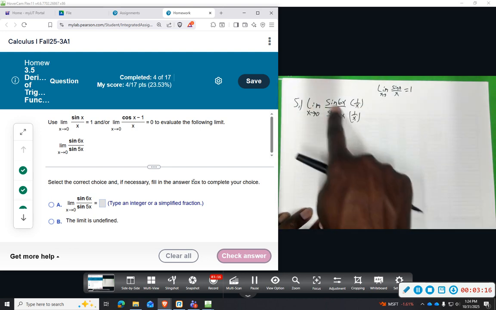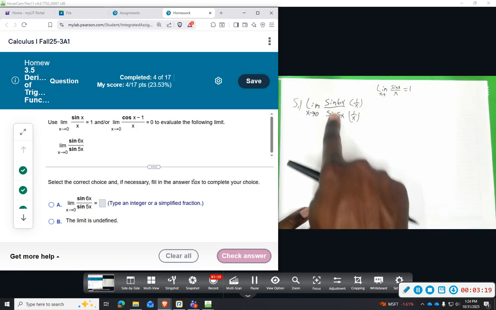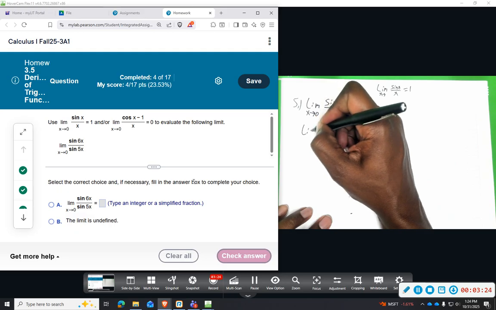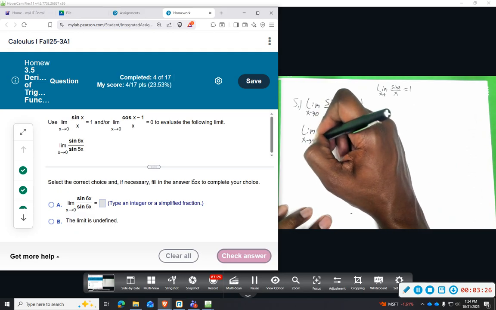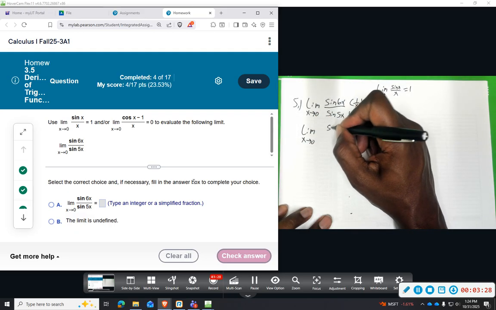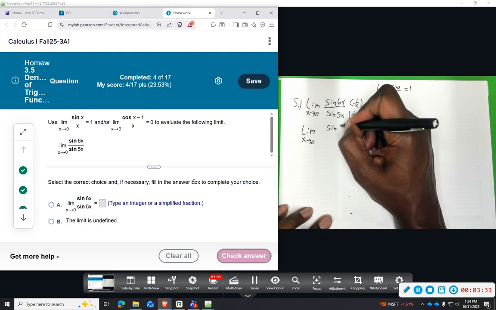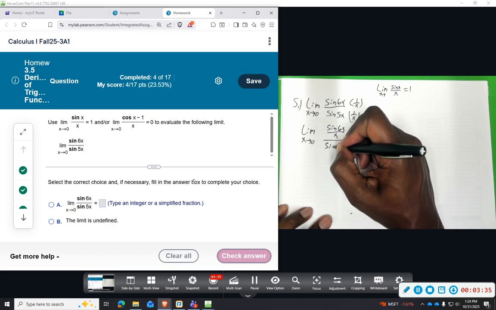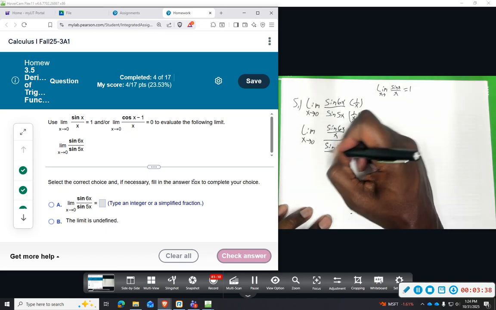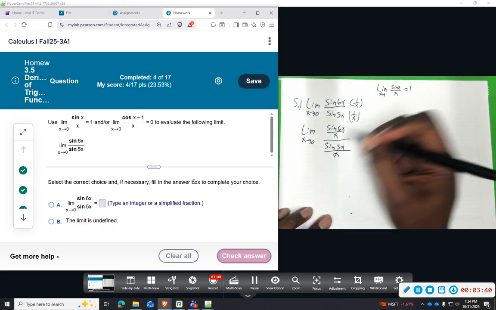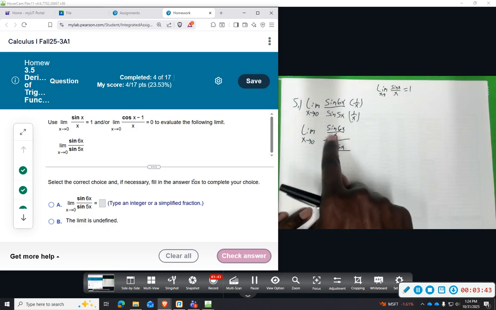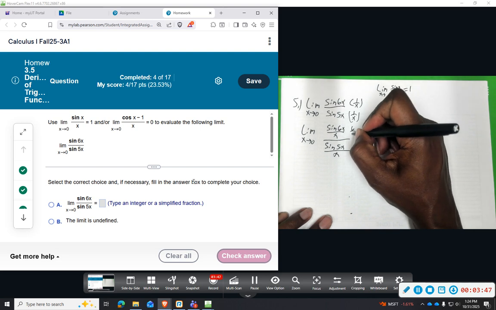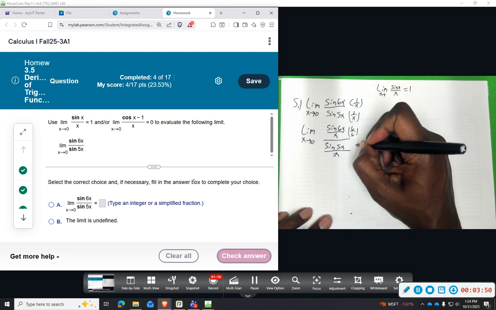So in multiplying top and bottom by 1 over x, or basically dividing top and bottom by x, we get the limit as x goes to 0 of sine of 6x over x and sine of 5x over x. And then, since that angle is a 6, I need this to be a 6, so we're going to multiply this numerator top and bottom by 6, and this one top and bottom by 5.